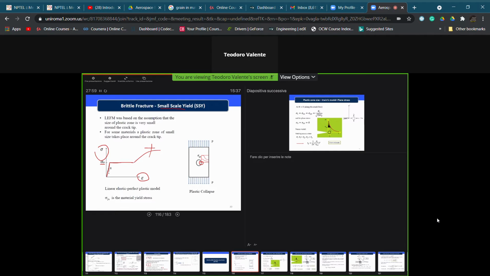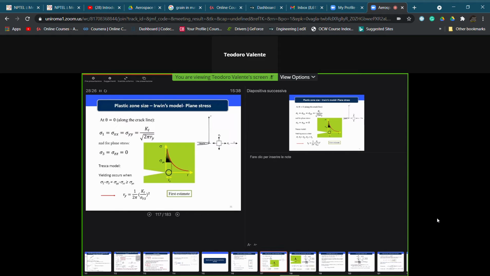So this means essentially that when we approach at the crack tip the value of the yield strength of the material itself, we can consider that this value is blocked, and then stresses are going to increase near the crack tip, where the yield stress of the material itself is not yet reached.